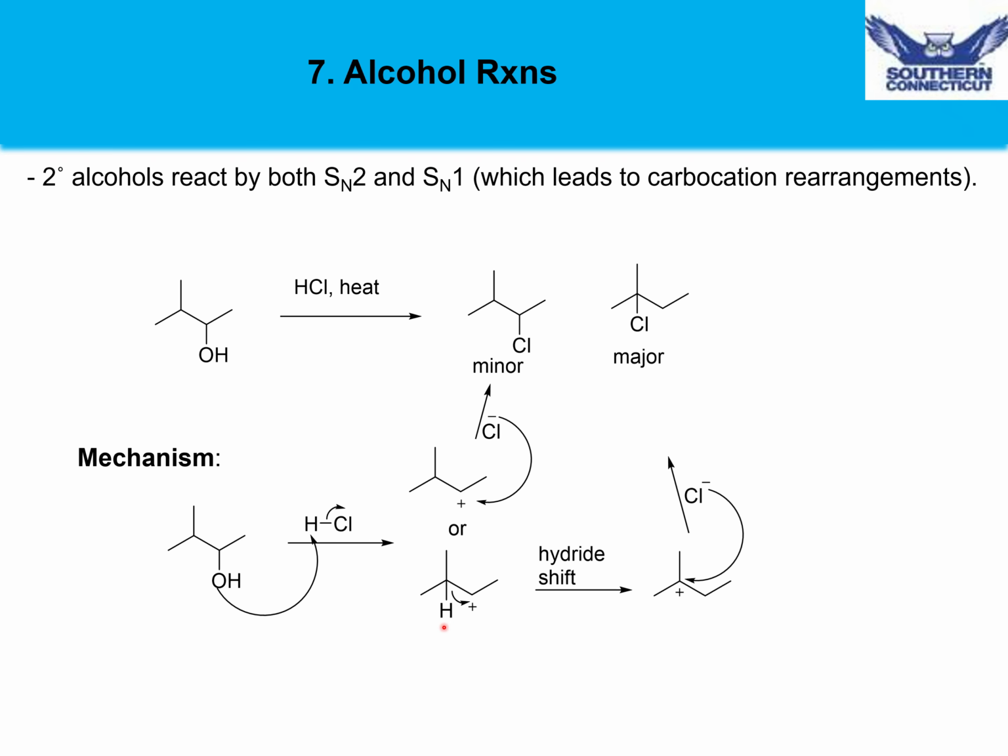Or the carbocation can undergo a hydride shift. So an adjacent hydrogen on the tertiary carbon next door would move over with the 2 electrons in the bond and therefore do a hydride shift. That would result in a carbocation now at the tertiary carbon, which would be attacked by a chloride to form the major product.